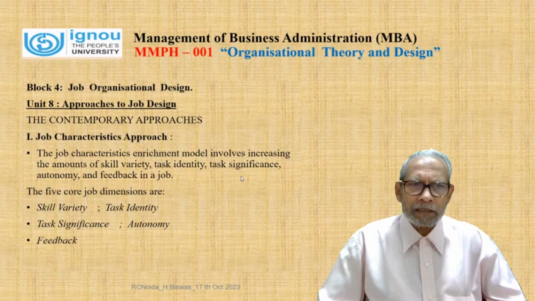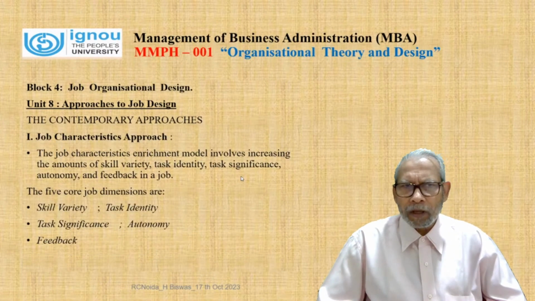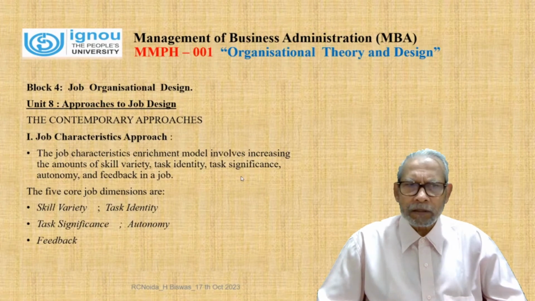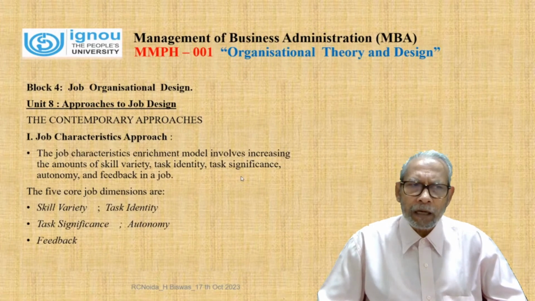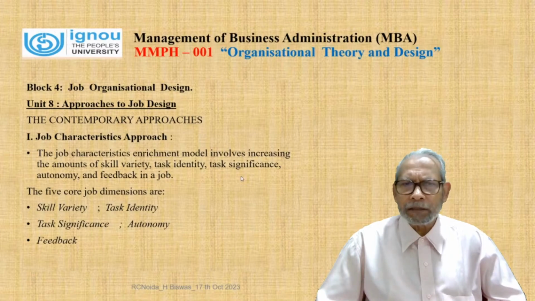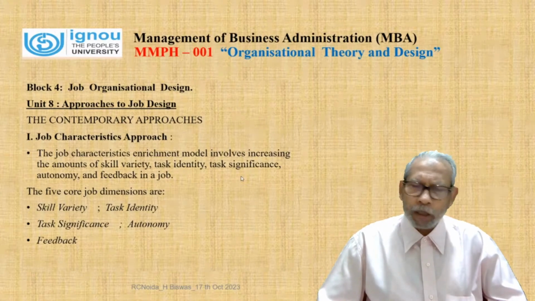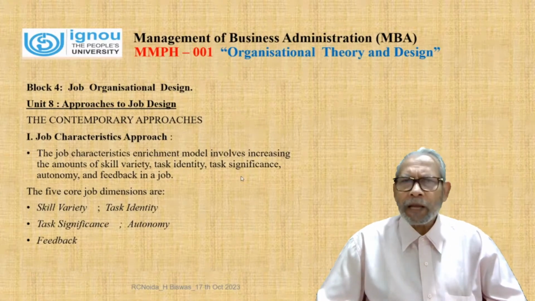Now the job characteristics approach. In this approach, the job characteristics enrichment model involves increasing the amount of skill variety, task identity, task significance, autonomy, and feedback in the jobs.